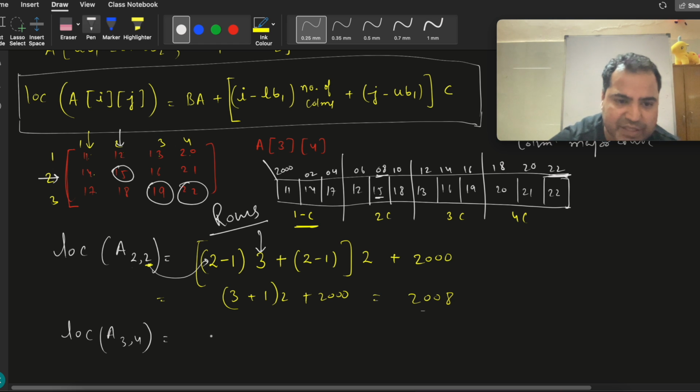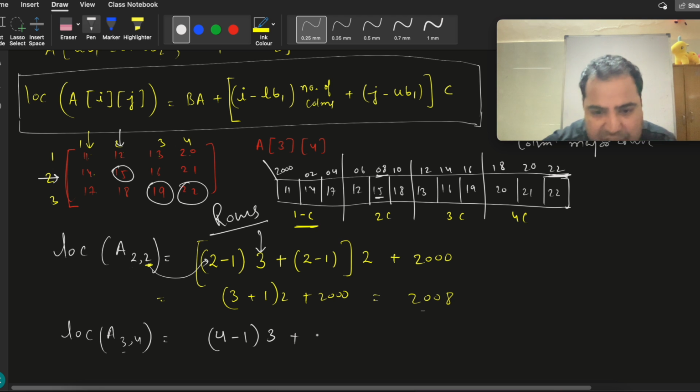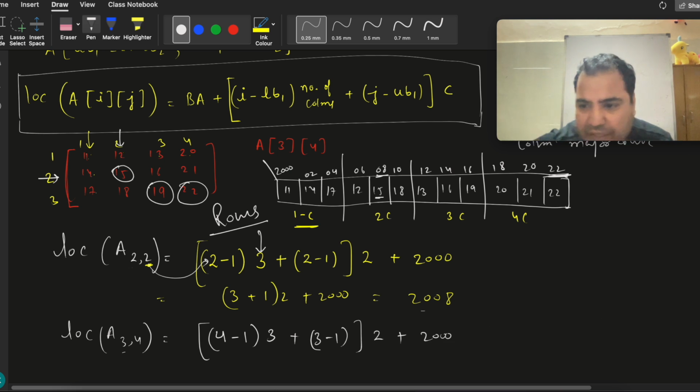Now we'll check it like this. So here the number of columns is 4, fourth column, 4 minus 1, the starting point where the column is starting, multiplied by the number of rows. How many rows are there? Now here 1 2 3, multiplied by 3, plus this is 3, 3 minus 1, multiplied by size plus base address, right?